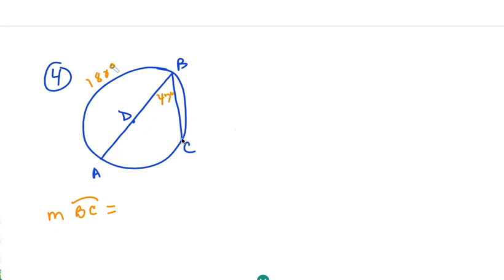So the measure of arc AC is going to be 2 times 47, which is going to be 94 degrees. But notice that we're trying to find the measure of arc BC.